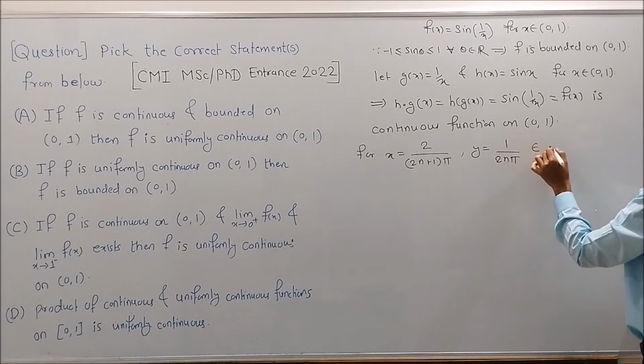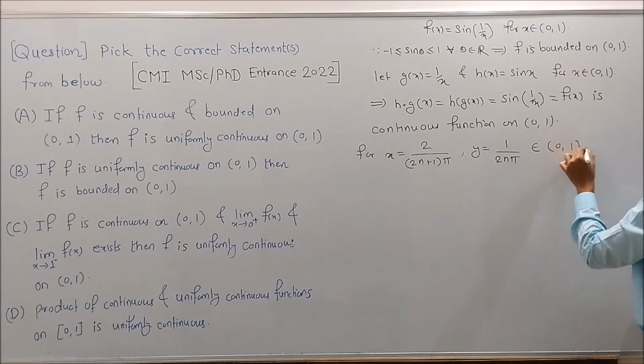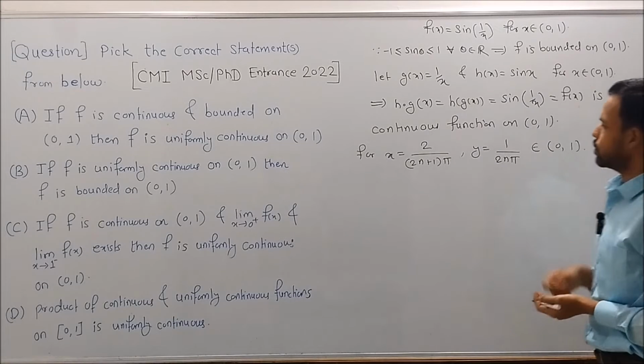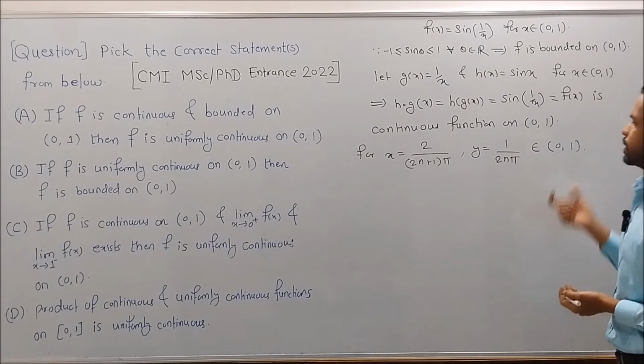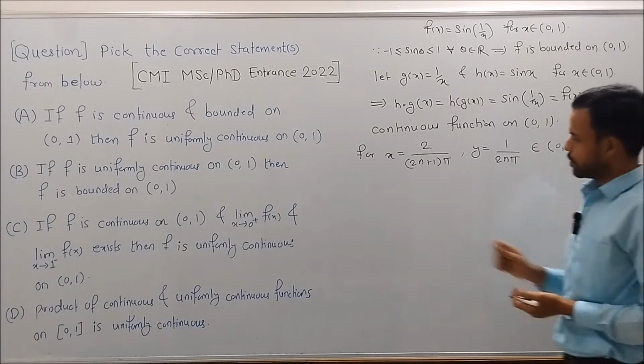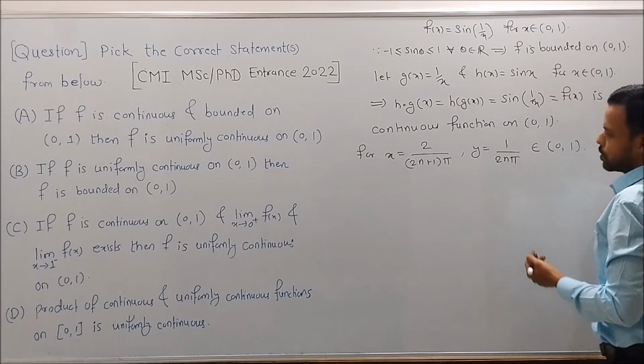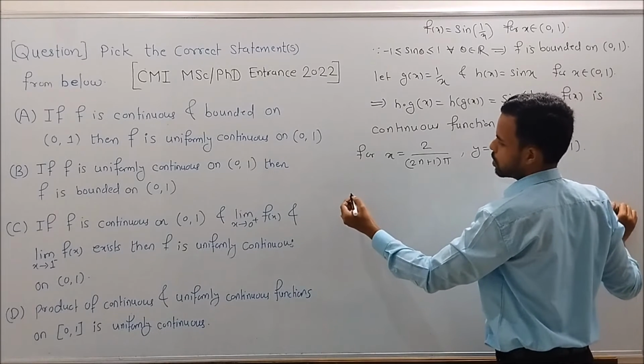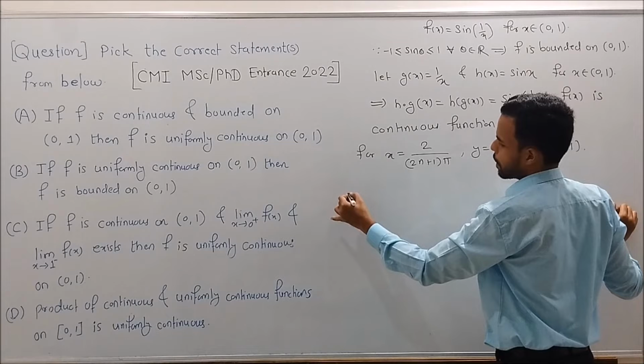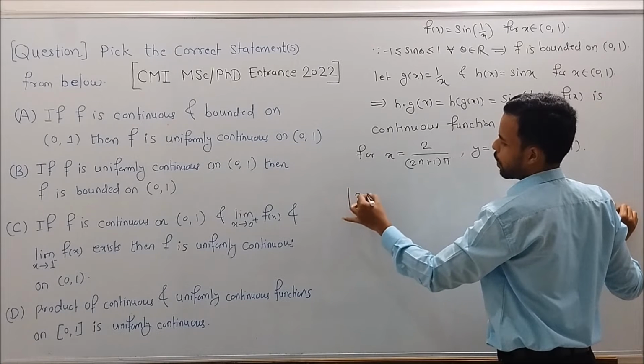Clearly, both x and y belong to the open interval (0, 1). We can verify it easily. Okay. Now, consider the difference |x - y|.